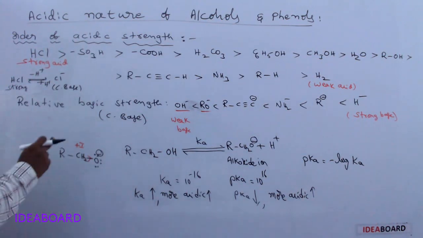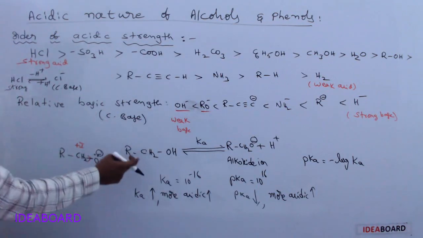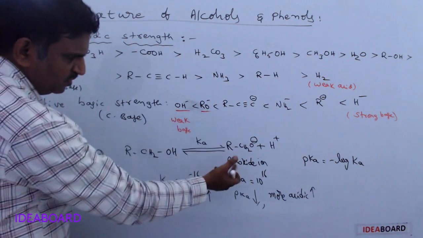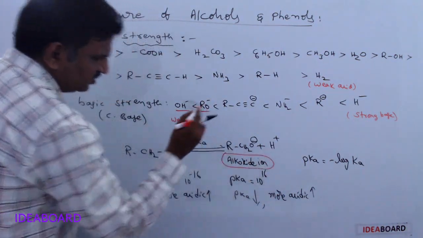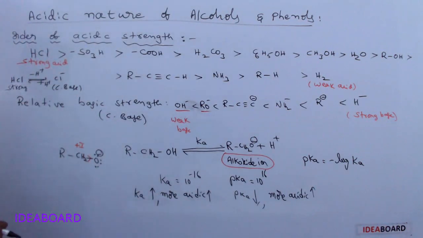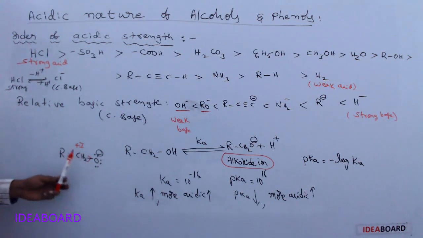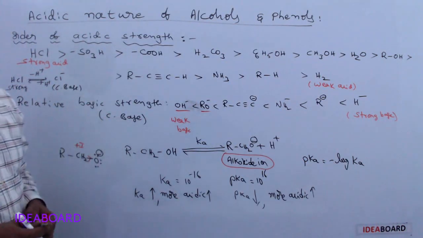So whenever we require an alcohol which is more acidic, we need the dissociation to occur more easily. When dissociation occurs more easily, the formed alkoxide ion becomes more stable. Here if it has plus I groups, what happens? Oxygen already has a negative charge, and this plus I group is also increasing the negative charge on the oxygen.